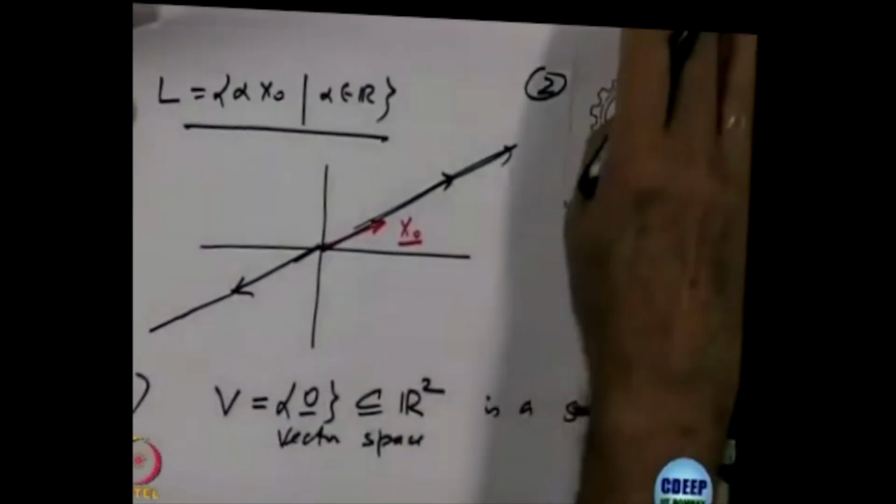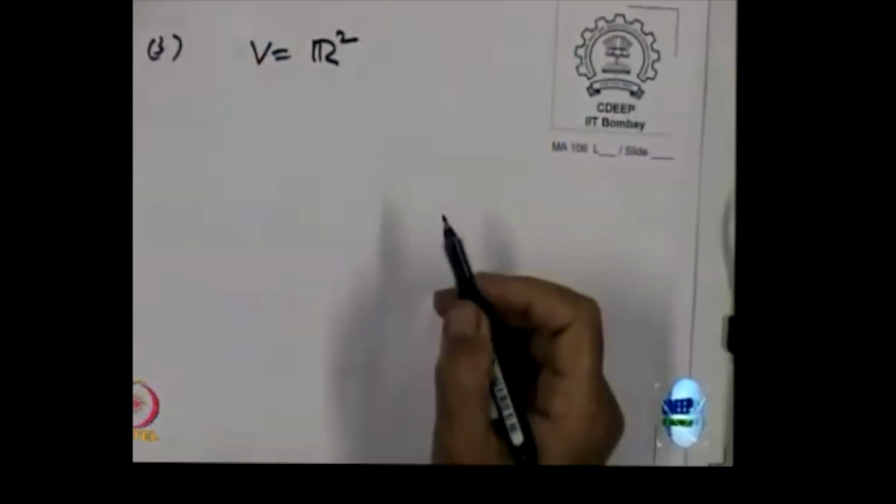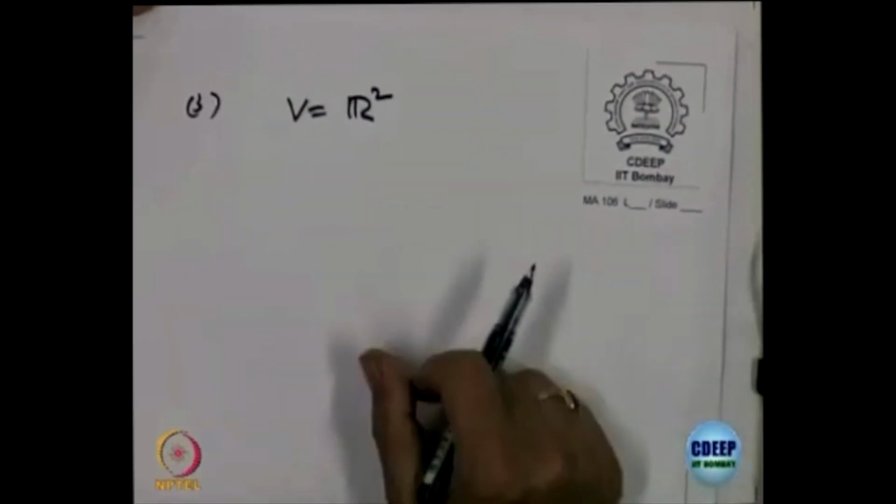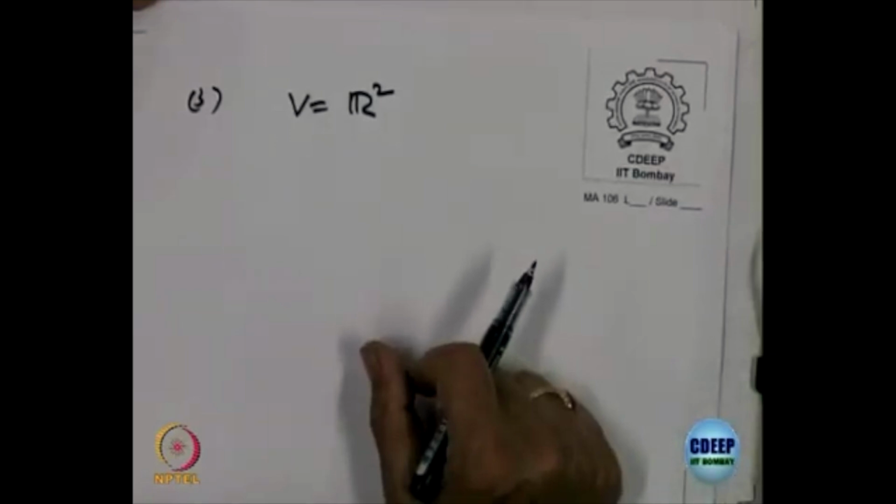Let us look at the whole space, the plane. So let us look at the third example. V equal to R2. V is a subset of Rn, so I am just specializing to n equal to 2. What about V equal to R2? Is that a vector space?